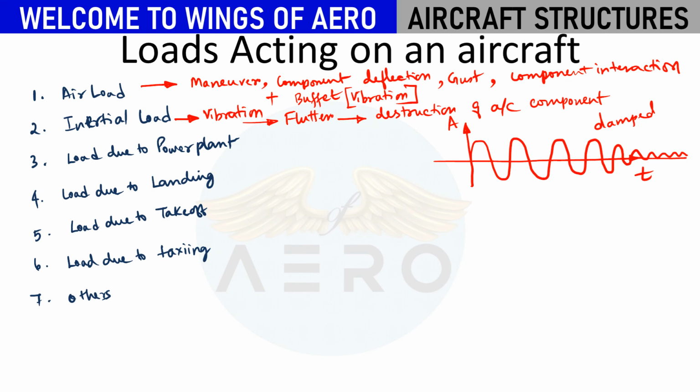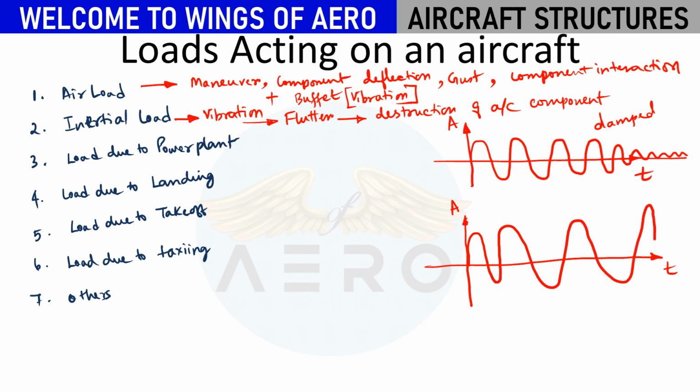But whereas in flutter, if I have to draw a graph of flutter with amplitude with respect to time, this amplitude rises further, or it diverges as time changes. It doesn't come back.